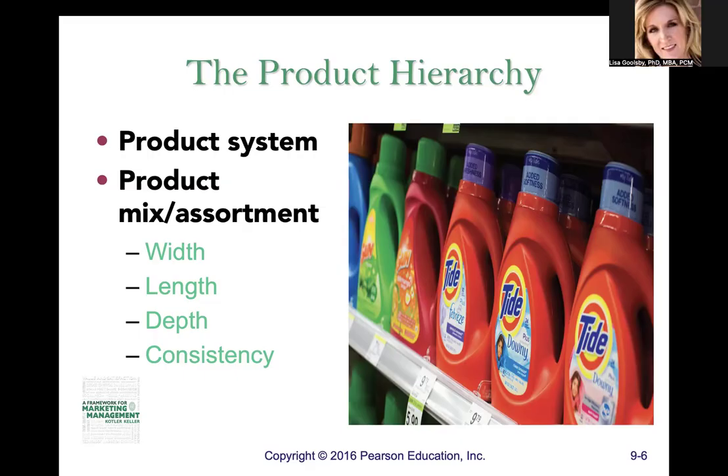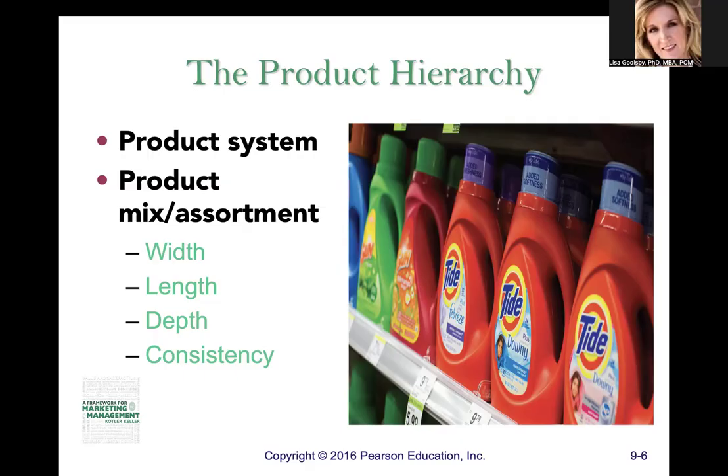When I was teaching actually in the classroom, my examples for product and product line, looking at the width, depth, length, and consistency of the product assortment of a company was to use Reese's peanut butter cups. Started out with that basic peanut butter cup, and now if you go and look at the width of the peanut butter cup line, there are a lot of Reese's peanut butter products.